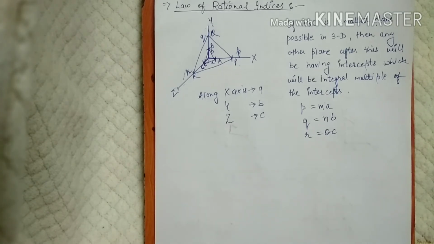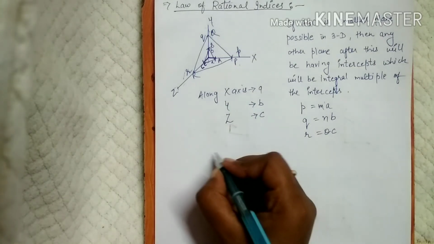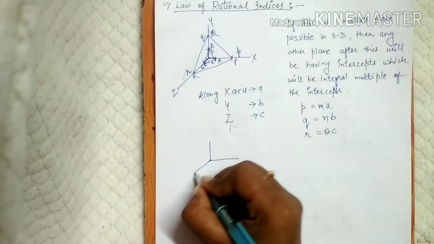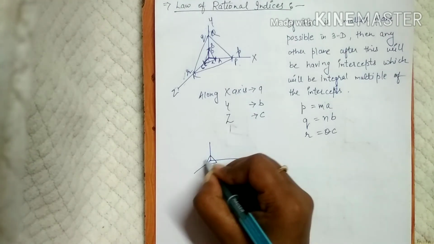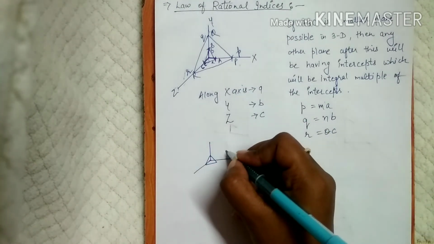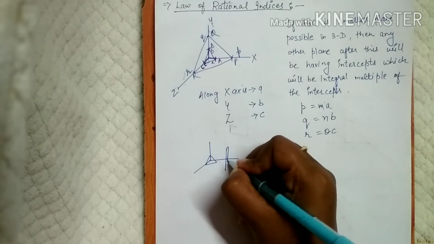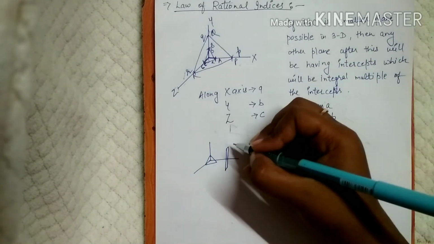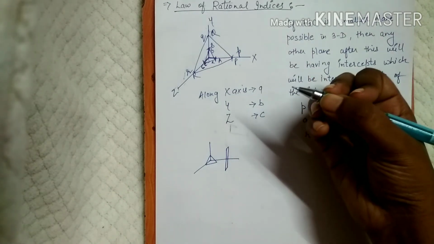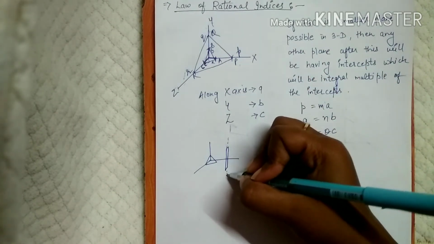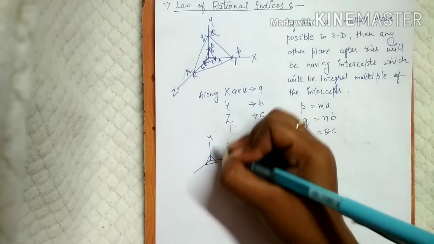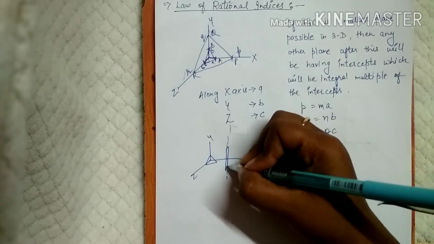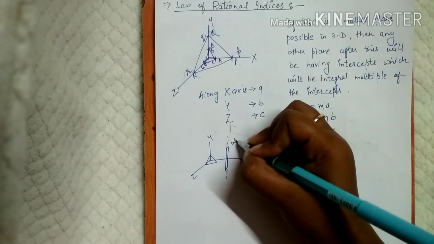But the limitation here is that this law deals only with the intercepts. So this is the smallest plane, and if we get a plane which is like this, then we'll have a problem, because along one of the three axes, suppose this is x, y, and this is z, along the y axis it is going to have an intercept of infinity.